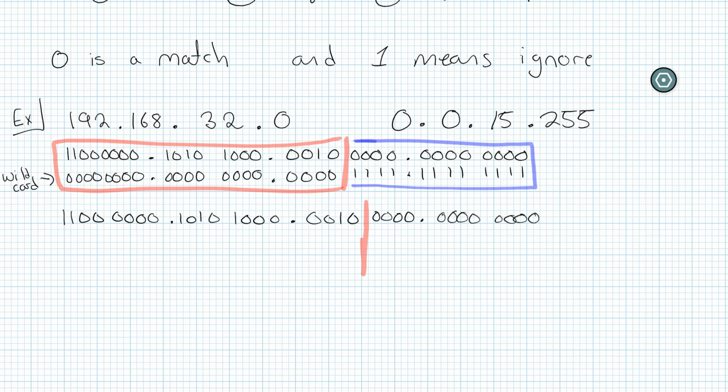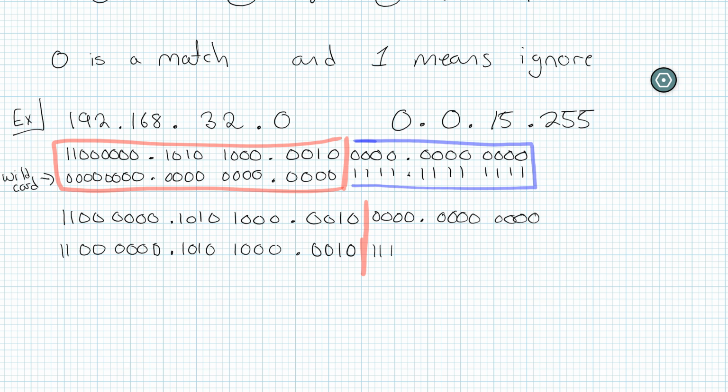And then we're going to look at the maximum values. The maximum value is going to once again keep all the bits that this wildcard mask said have to be the same. That's why they have zeros next to them. So 0, 0, 1, 0. All of these bits have to stay exactly the same, and the rest of the bits can be whatever they want.